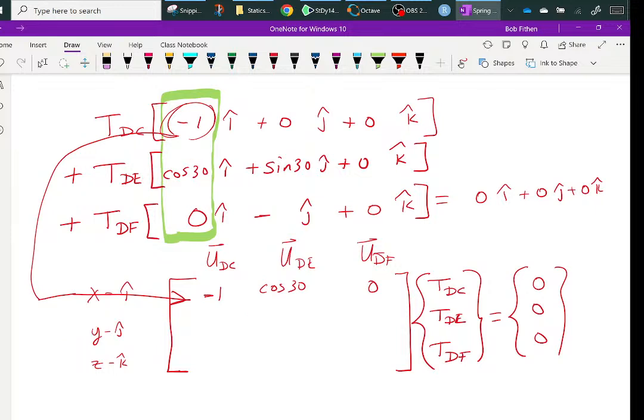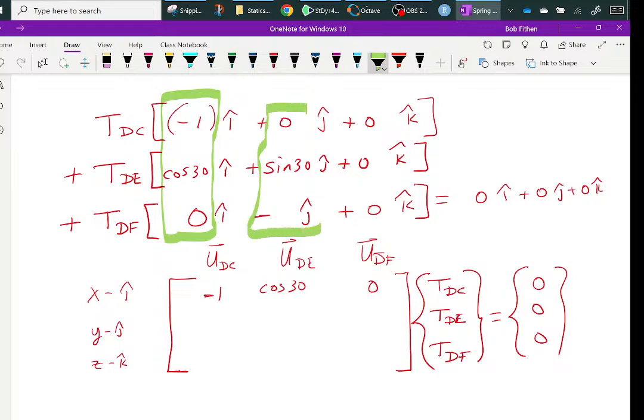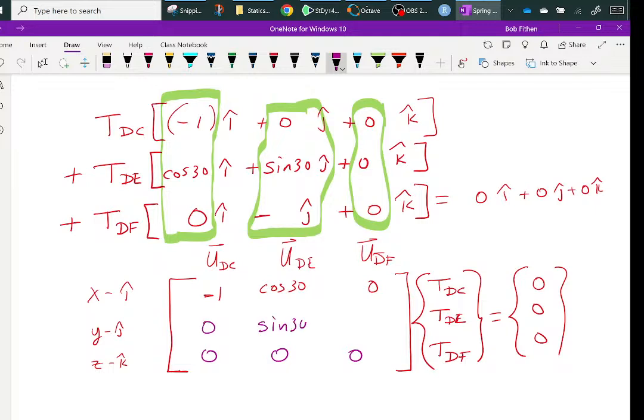What you're going to see out of this is something that you might ask yourself: why did he include the k component, especially since it's 0, 0, 0? So let's just go ahead and do the 0 first. On that, you're going to do 0, 0, and 0. On this one you're going to see 0, sine of 30, and then minus 1. So when you have a minus in front of it, you got to put the minus 1 there.